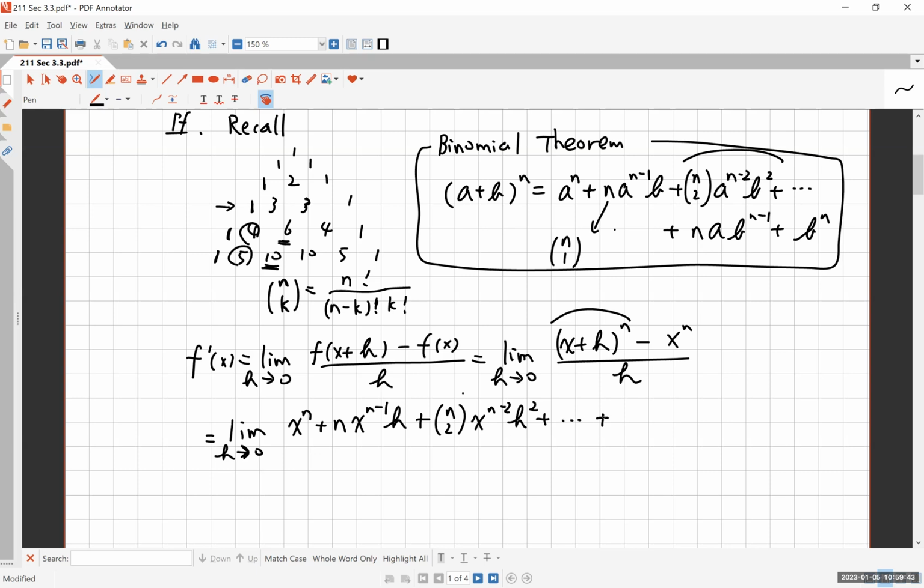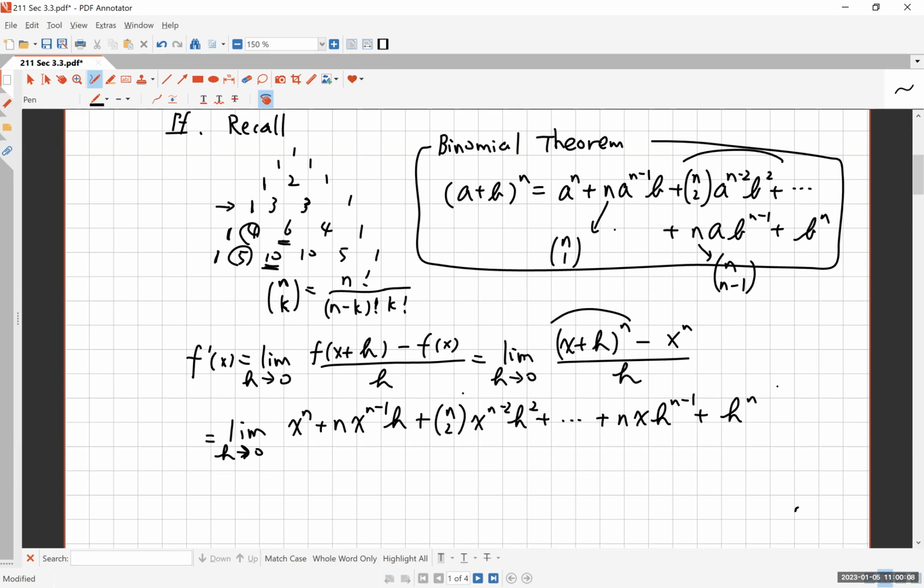Plus, and you just keep going until, well, let's write down the last two terms. It'll be n, and this is, by the way, n choose n minus 1, which is the same thing as n choose 1, which is n. And then you have x, and then h to the n minus first power. And then the last one will be h raised to the nth power.